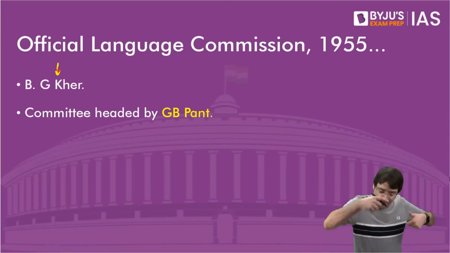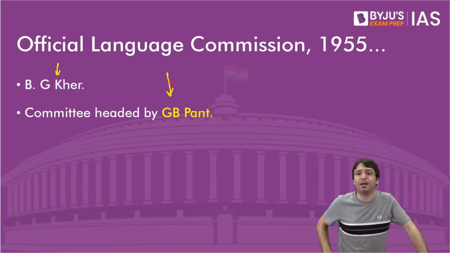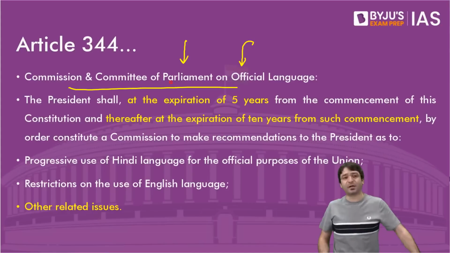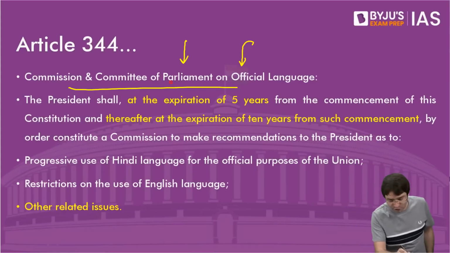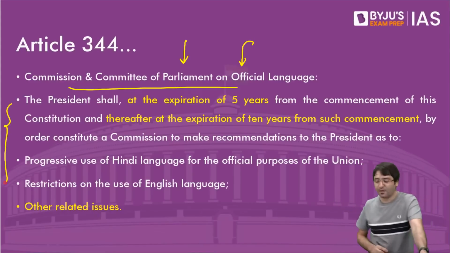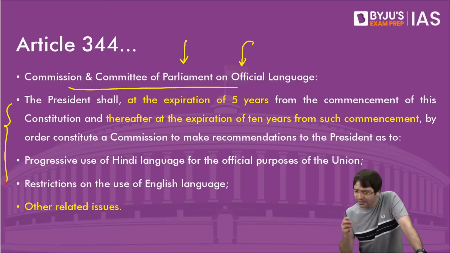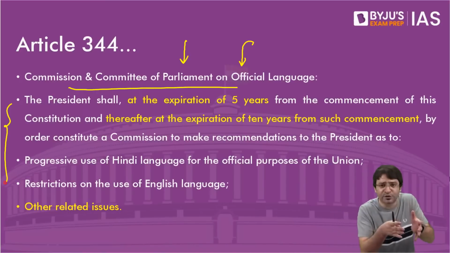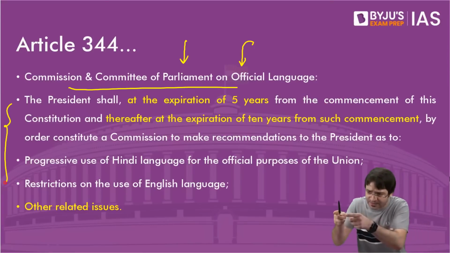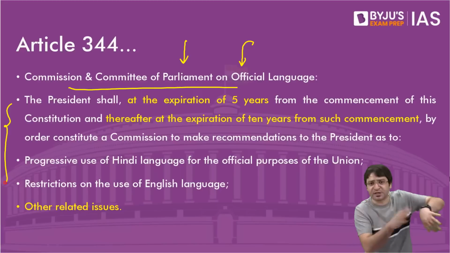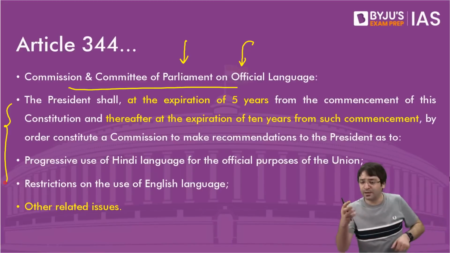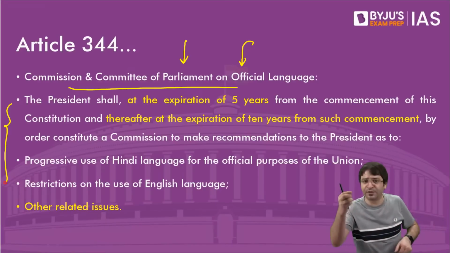That committee of the parliament was headed by Govind Ballabh Pant, G.B. Pant. What was the job of this commission? The job of this commission was to recommend in what areas we can stop the use of English, in what areas we can exclusively use Hindi, because come 1965, English will disappear as the official language of the union. Hindi alone will be the official language of the union.